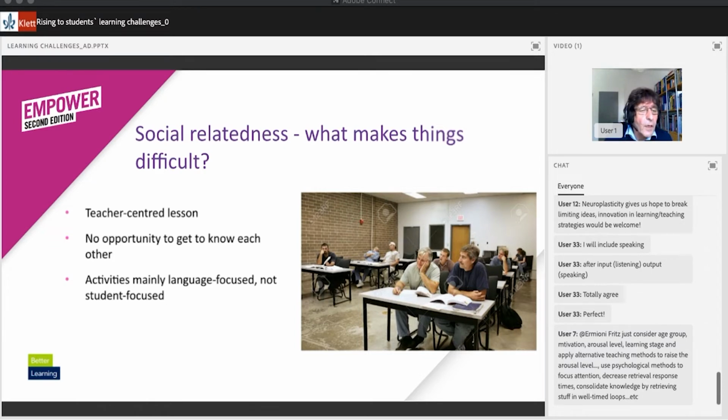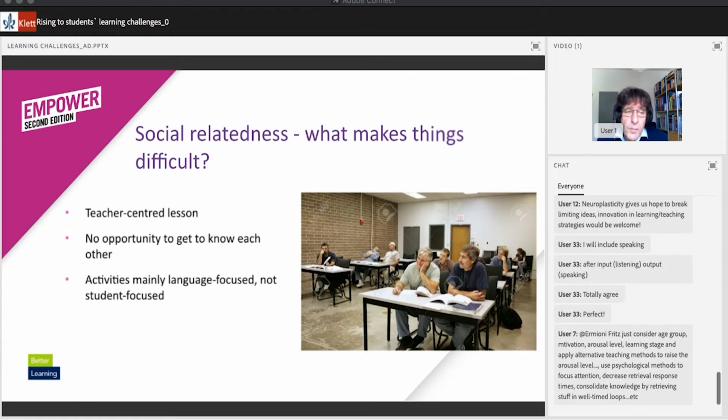In other words, a teacher-centered lesson where everything goes through the teacher, where learners have no opportunity to get to know each other. And I think this is very important, where activities are mainly language focused and not student focused. So language practice exercises rather than students exchanging information and learning more about each other.